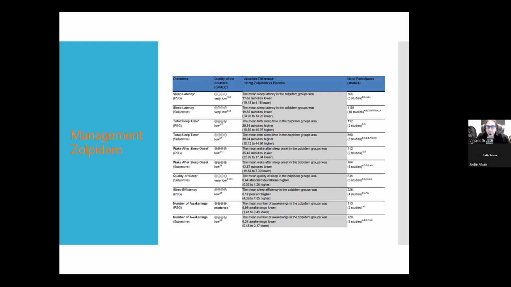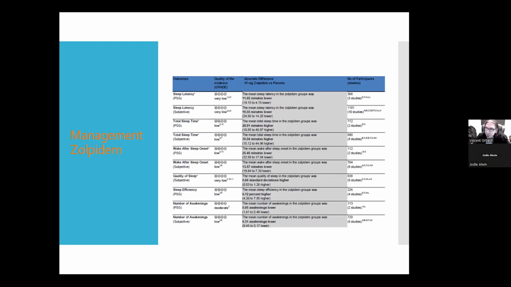Now, to talk a little bit about the common FDA-approved medications for activating the GABA subunit. This is taken from the appendix of the landmark 2017 clinical practice guideline. And basically, this is a little chart of the evidence-based medicine surrounding zolpidem.